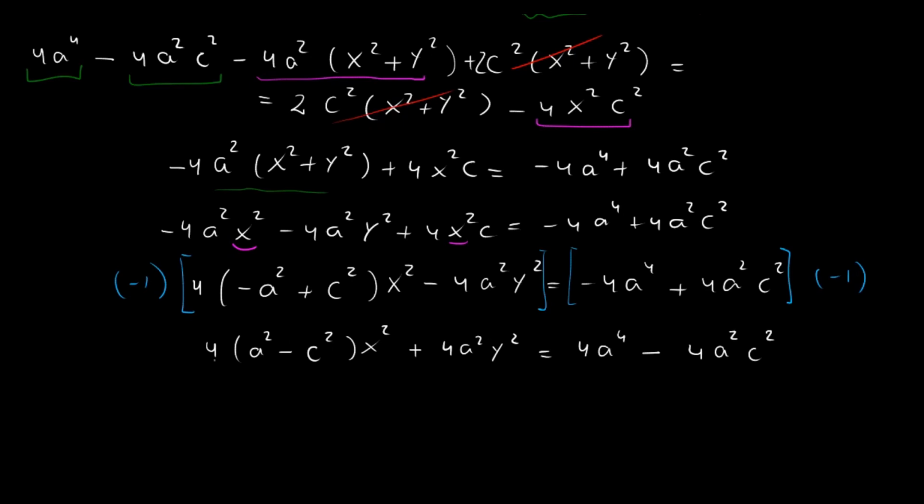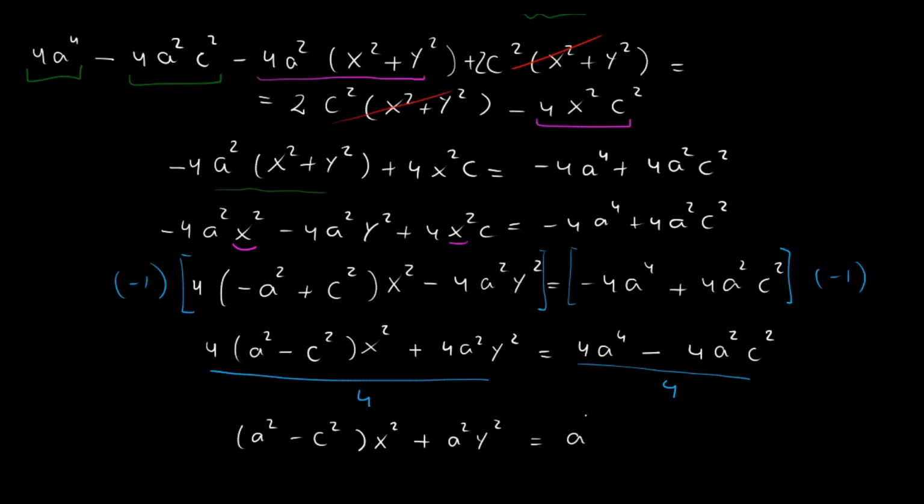Now we can divide everything by 4. And so we get a squared minus c squared times x squared plus a squared y squared equals a to the power 4 minus a squared c squared.